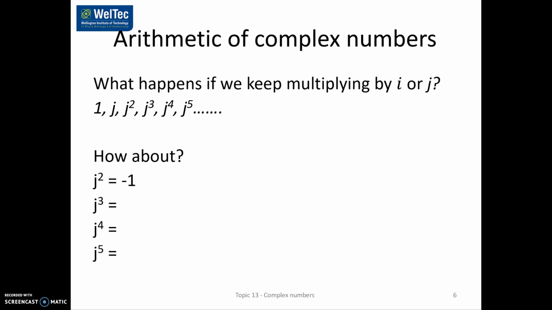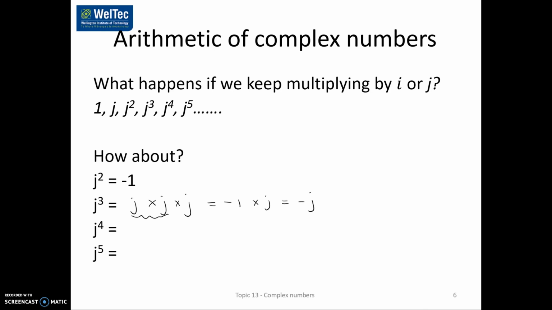What happens if we keep on multiplying? We've already done j squared is -1, and j cubed would be j times j times j, which would be, these two will give us -1 times j, so it would be -j.